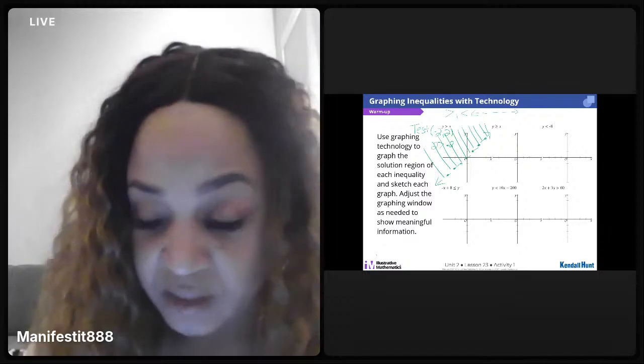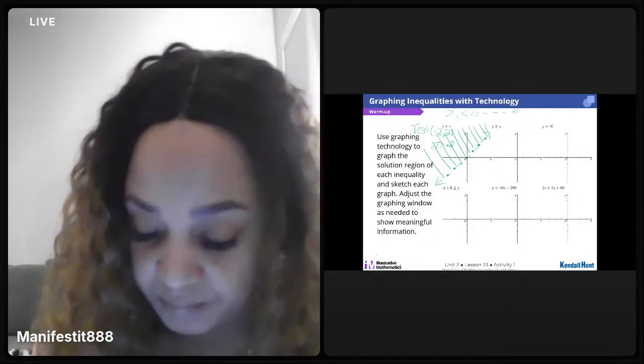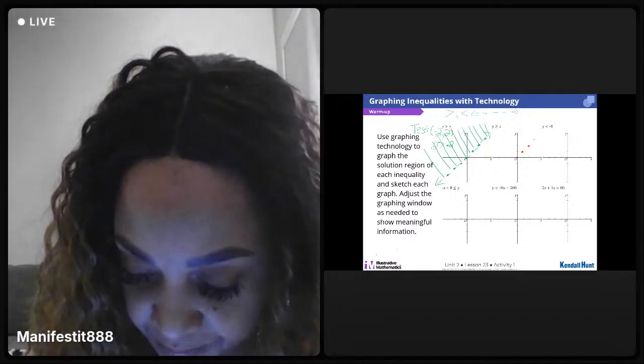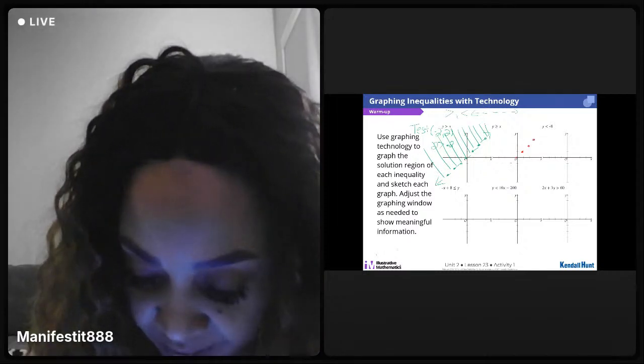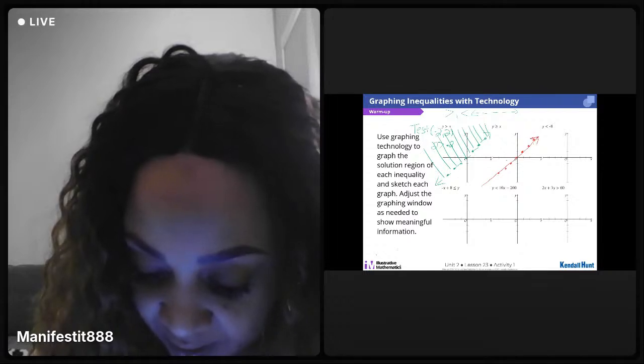Okay, so the points that are on my boundary are very much the same: 0, 0, 1, 1, 2, 2, etc. And then we'll go in the negative direction. And this time we're going to connect them in a solid line.